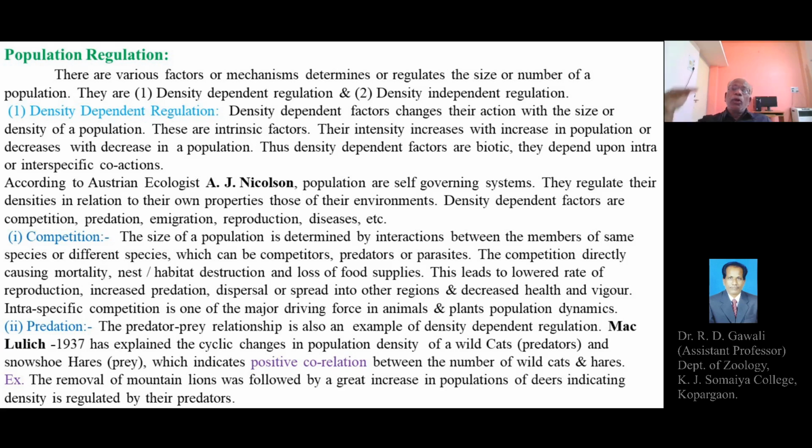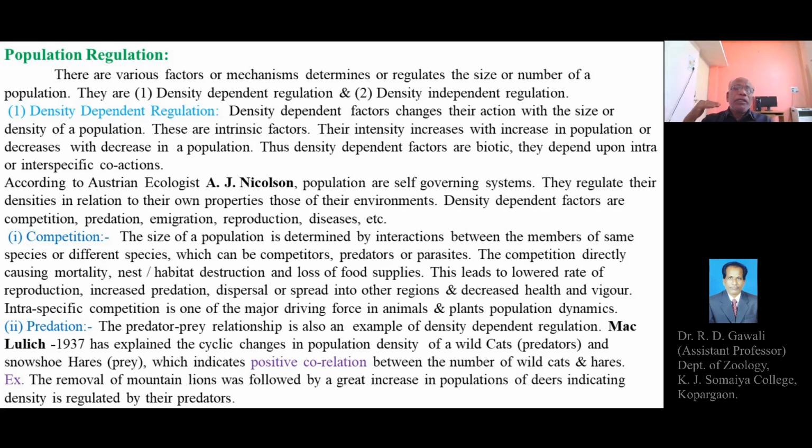This leads to a lowered rate of reproduction. When the population size is decreasing, when there are fewer organisms of the particular species, it will ultimately lower the rate of reproduction.